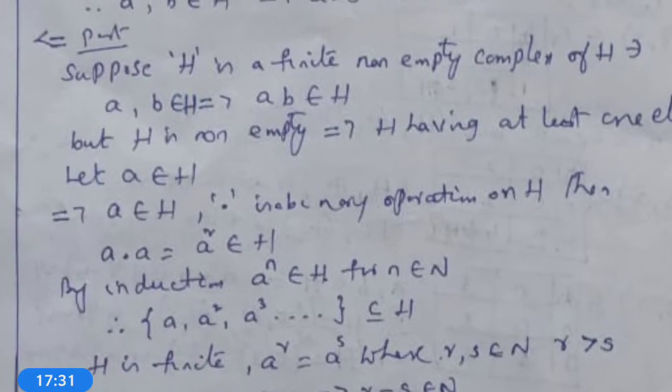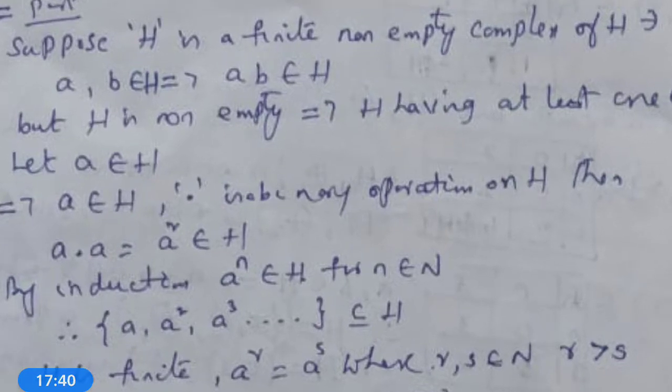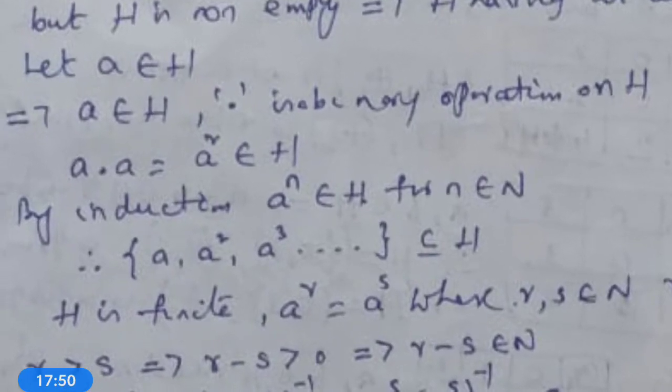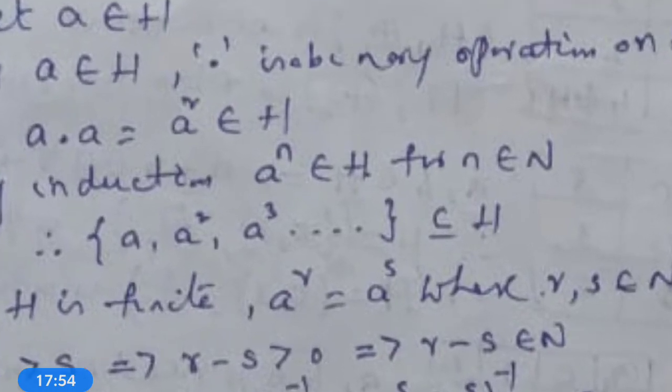Therefore, let us assume a belongs to H, and dot is a binary operation on H. Then a into a is equal to a square, which also belongs to H. This a square belongs to H, a belongs to H, so a cube also belongs to H because a square into a. Similarly, by mathematical induction, a power n also belongs to H for n belongs to capital N.